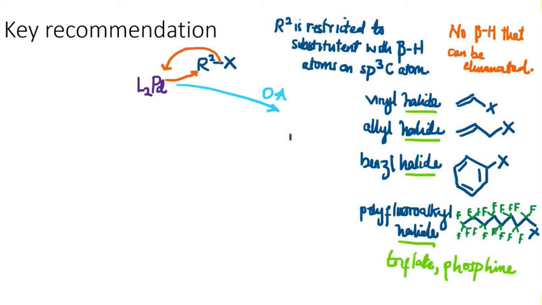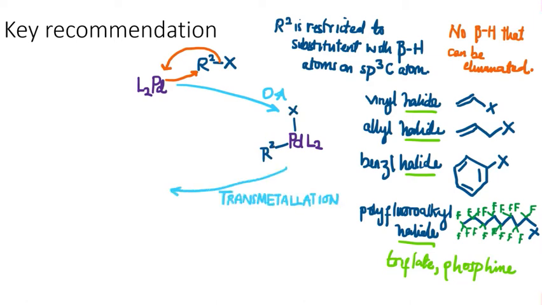Therefore, our oxidative addition will lead to the formation of our complex that has palladium 2 created. For our next step, which is called transmetallation, we have our specific organometallic that has the R1 group attached to a metal.